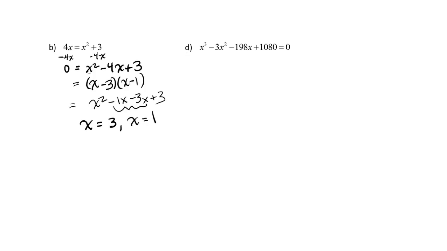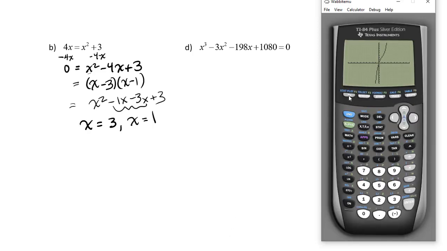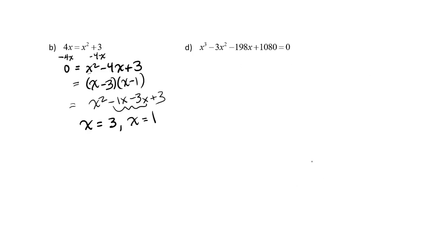And let's take a look at this last example. We have x to the third minus 3x squared minus 198x plus 1080. We're going to go to y equals in our calculator, clear our entries, and then type this equation in.